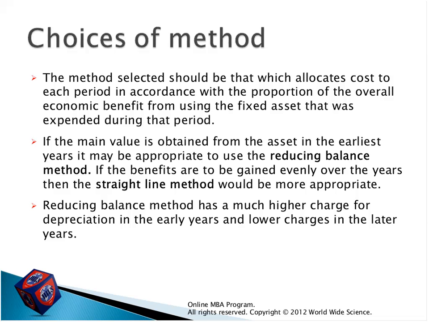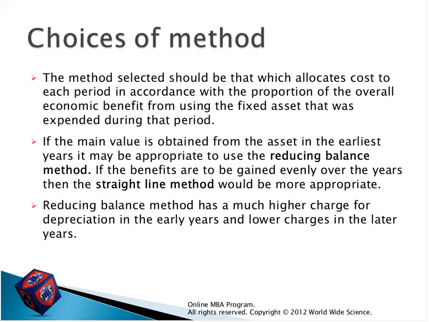That means, first of all, it depends on the company's economic benefits. For example, in the reducing balance method, the highest depreciation cost would be taken in the earliest years.